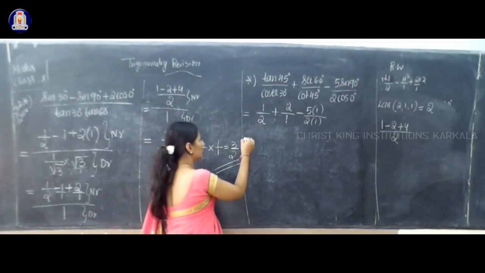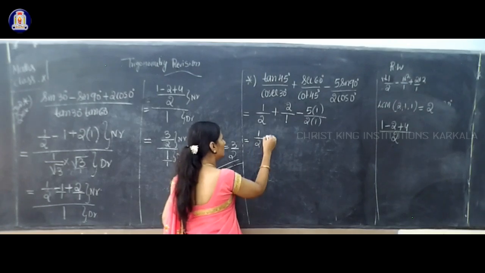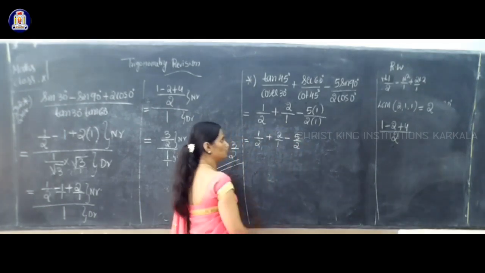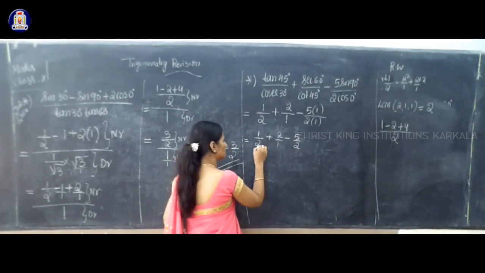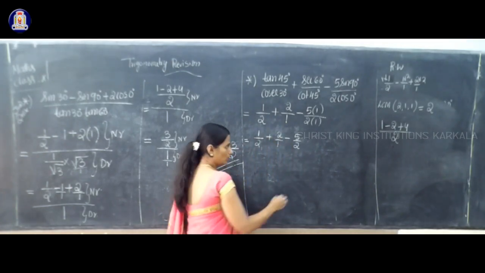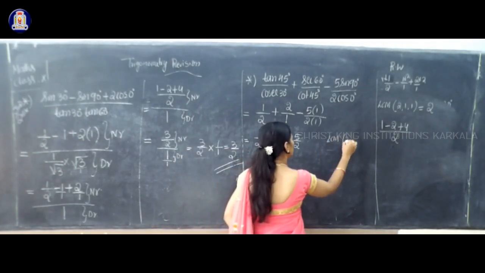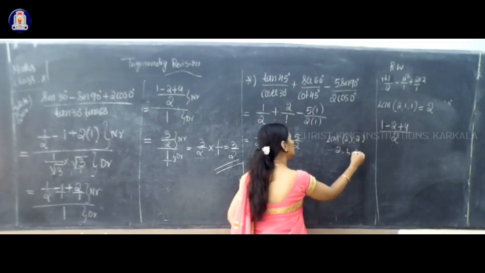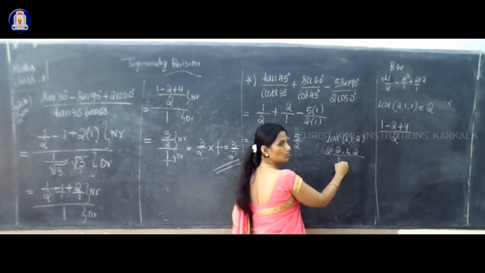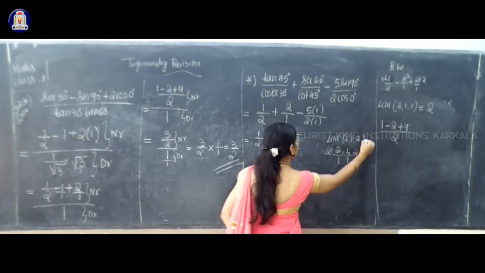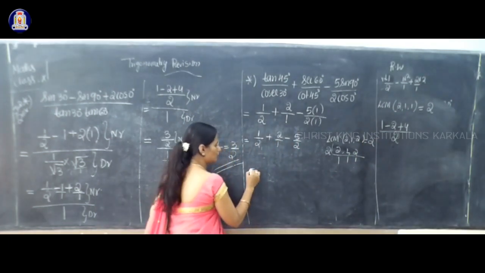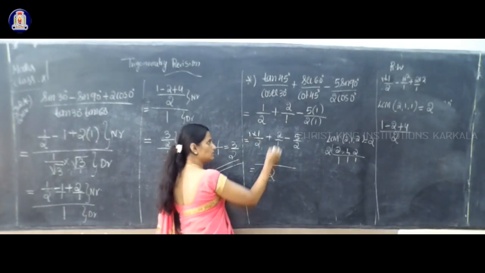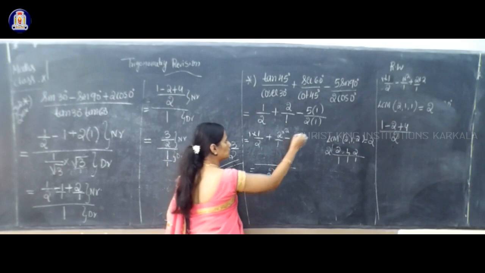Now simplification: that is equal to 1 divided by 2 plus 2 divided by 1 minus 5 divided by 2. Now take LCM of 2, 1, 2. 2 is the common factor, so LCM is 2. 2 ones are 1, 1 twos are 2, 2 ones are 1.